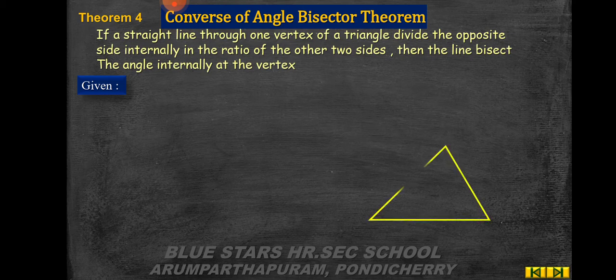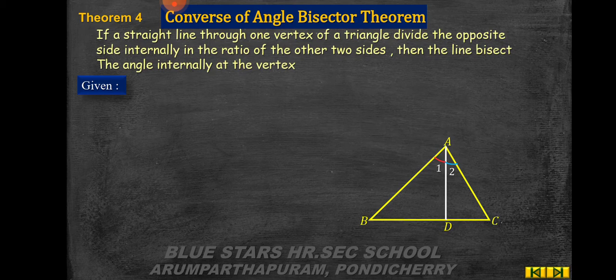So given a triangle ABC. From A we just draw one line which is perpendicular to the line BC, and that point is D. From A we just mentioned two angles.